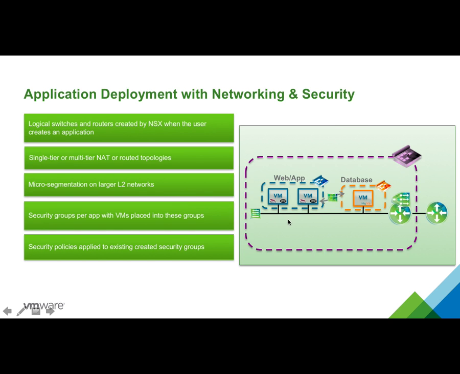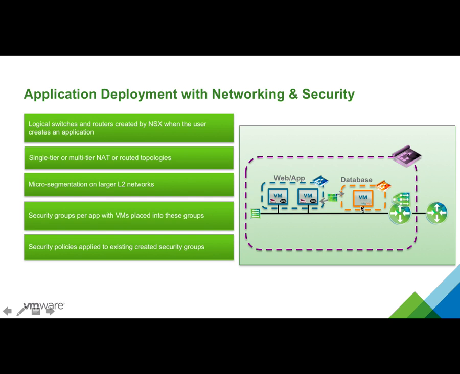So with vRA and NSX, you can create this blueprint. What I have in my demo is actually two web servers that will be running Apache and PHP, followed by a database with MySQL running on it.